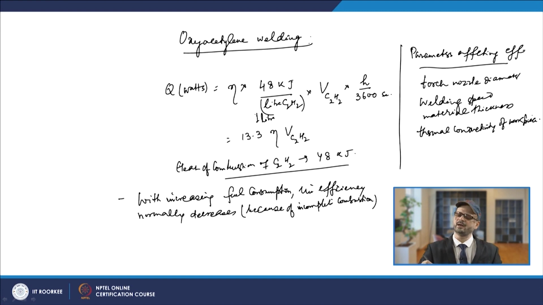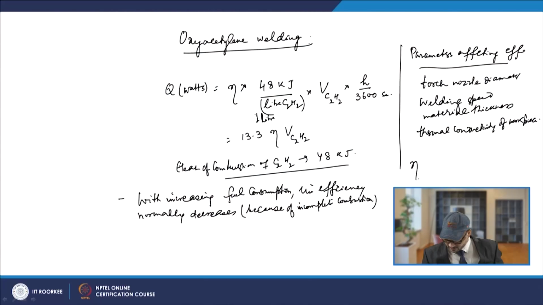They are instrumental in deciding whether the efficiency is high or low, because ultimately you have to think how, with the same amount of fuel, the temperature of the material can be increased.